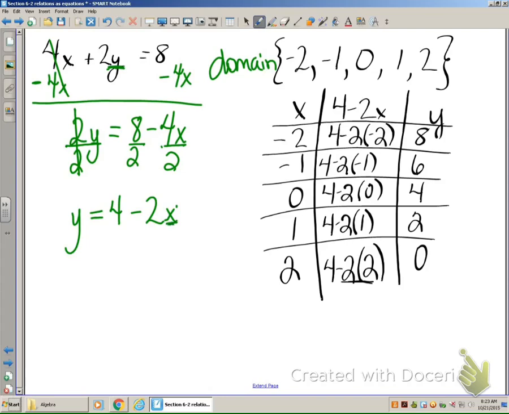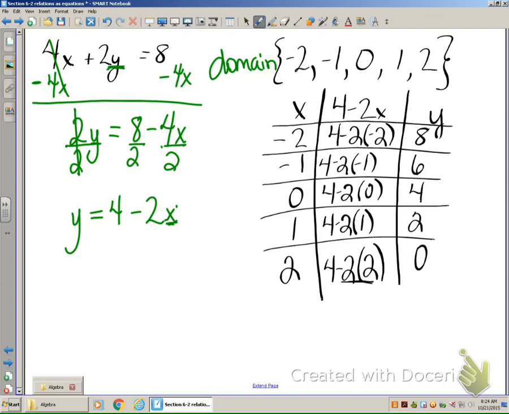And I've already done that for you over here. If I plug in a -2, I end up with 4 minus a -4, which becomes 4 plus 4, which is 8. If I plug in a -1, I have 4 minus -2, which becomes 4 plus 2, which is 6. If I plug in 0, 4 minus 0 is 4. And then plug in 1, 4 minus 2 times 1 is 4 minus 2, which is 2.